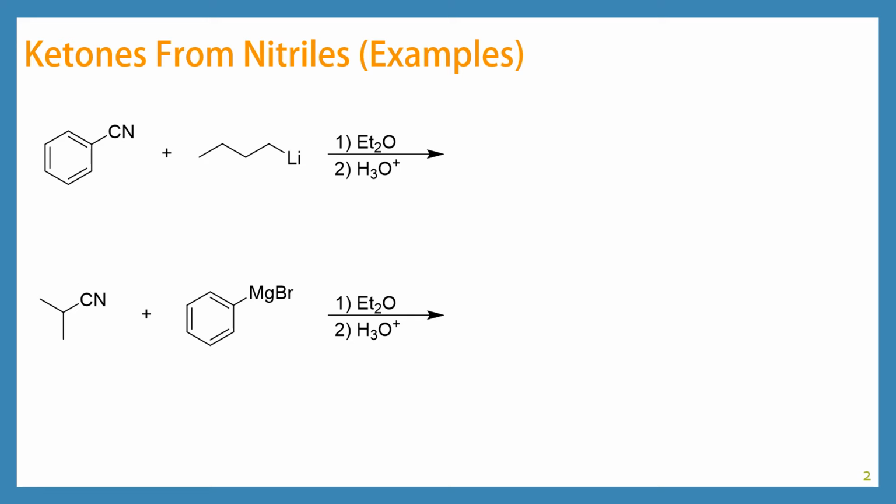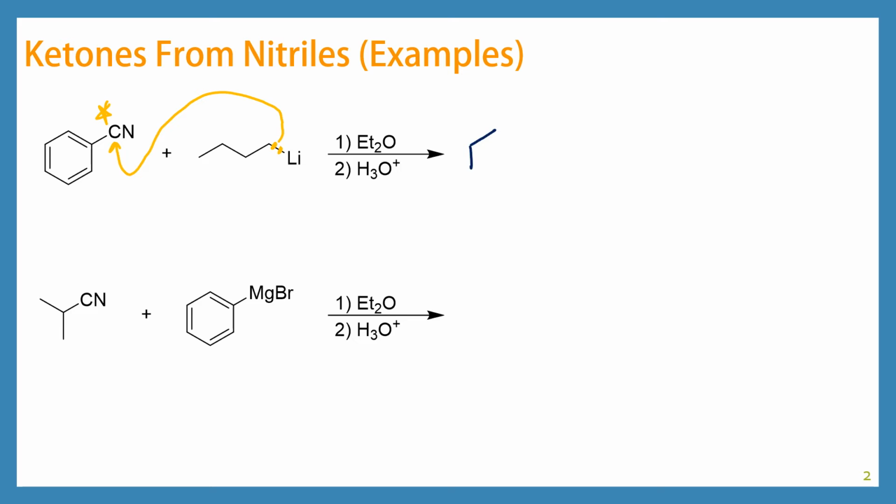So, just like in the examples that we saw on the previous slide, you have your alkyl lithiate. The electrons here in this bond are going to attack the carbon on the nitrile. So you want to keep track of that particular carbon.